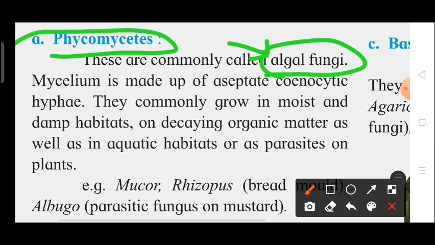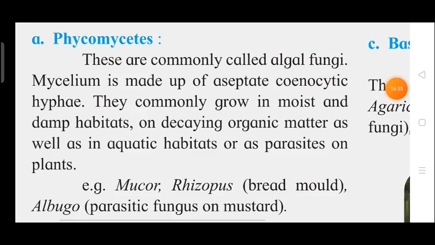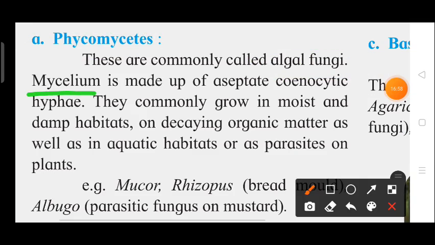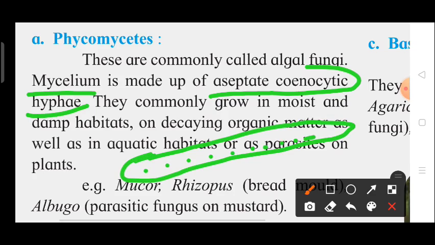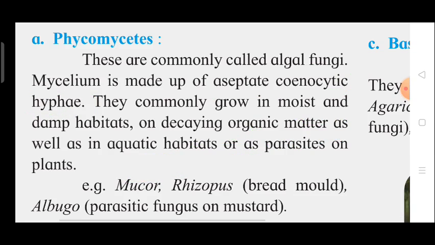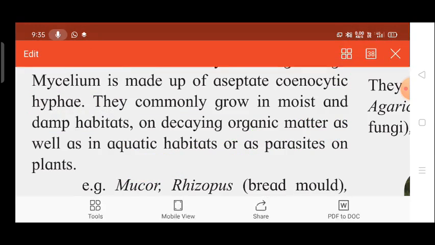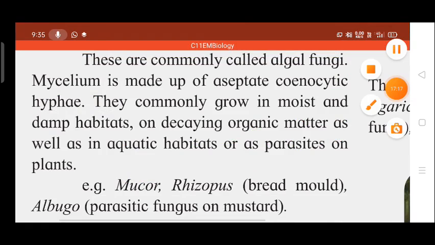Mycelium is made up of aseptate coenocytic hyphae. Aseptate coenocytic hyphae means continuous, without septa, and with multiple nuclei.